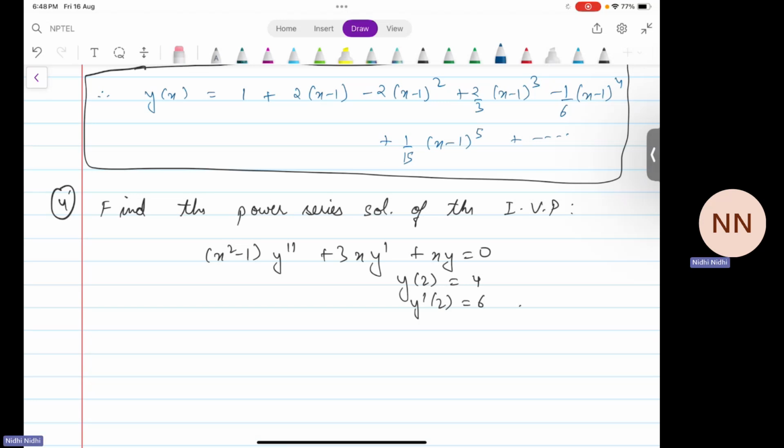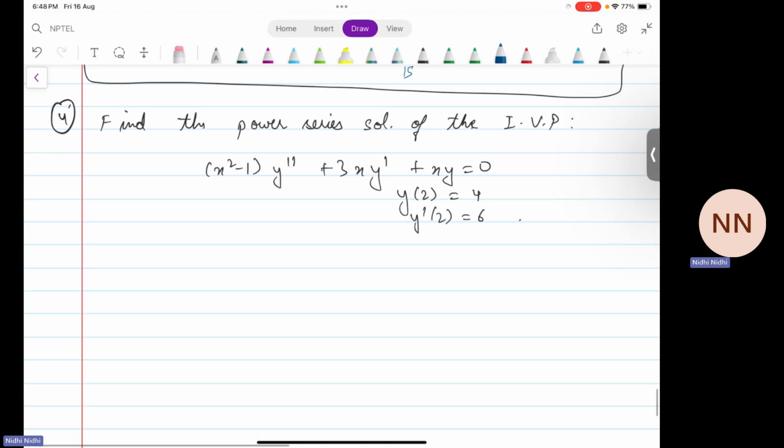So it will be helpful for us only if our solution was in the form of (x minus 2) to the power something. Also, we know that solving or writing summations near 0 is quite easier as compared to writing (x minus 2) to the power something. So we'll just substitute x minus 2 by t.